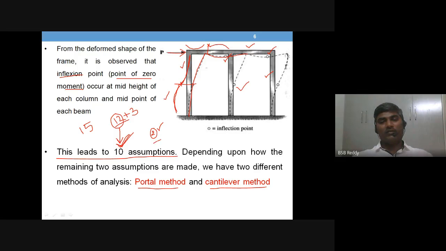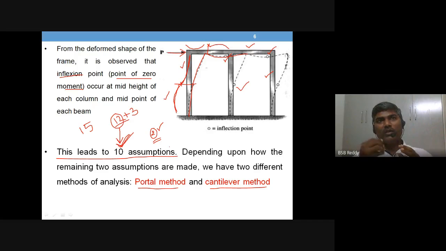So this is clearly how we are planning the approximate analysis of a building frame. Just to throw back to the topic: lateral load analysis of building frames by approximate methods, this is your topic.